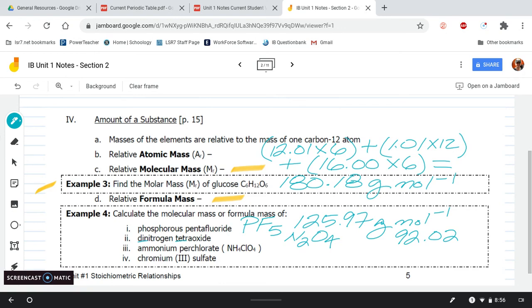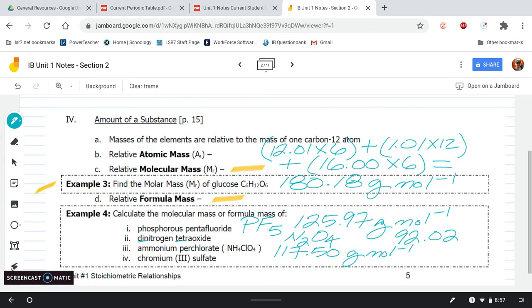And ammonium perchlorate, that was a long one. 1 nitrogen, 4 hydrogens, 1 chlorine, and 4 oxygens. That one is 117.50 grams per mole. And the last one, chromium sulfate, going to sneak that in here at the bottom.